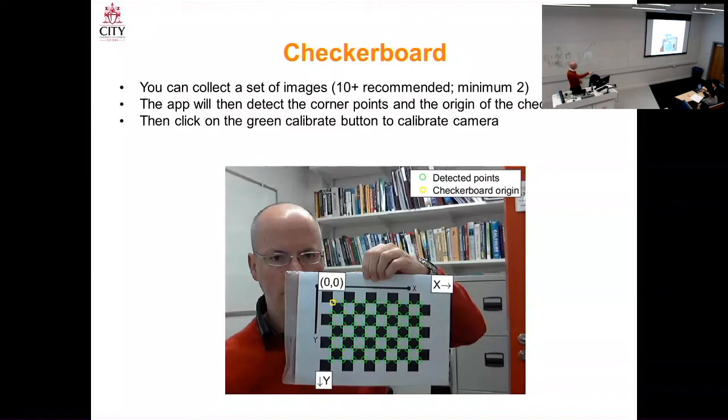You've learned about corner detection earlier, so here's a great example of using that automatically. It's also going to find the origin, which in this case is the upper left point, 0, 0. Then you can push this green calibrate button in the app, and it will calibrate your camera for you.